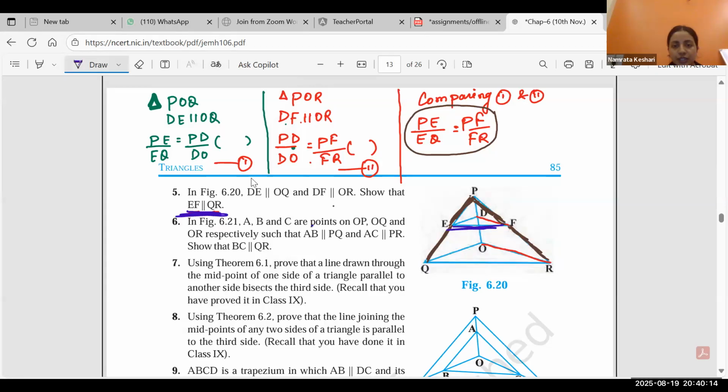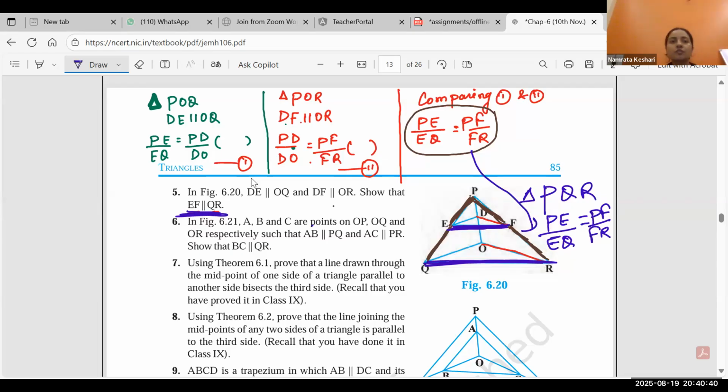So we can say in triangle PQR, since the ratio is the same, hence parallel. If parallel, then the ratio will be the same by basic proportionality theorem. And if the ratio is the same, then the line will be parallel by the converse of basic proportionality theorem.